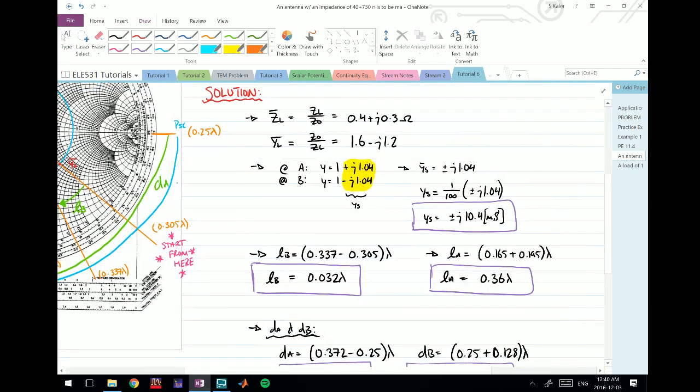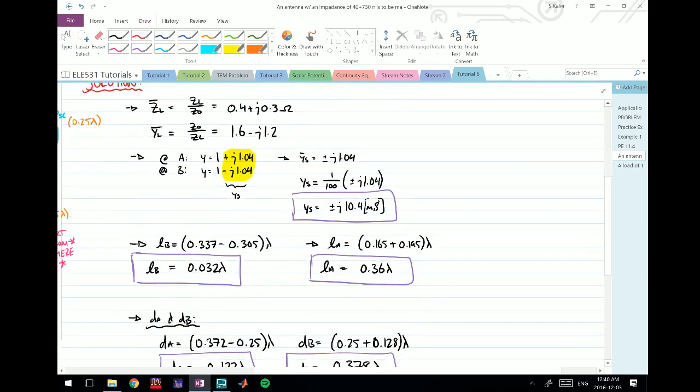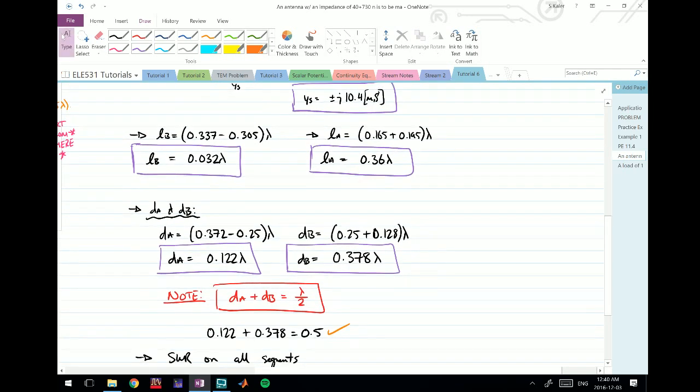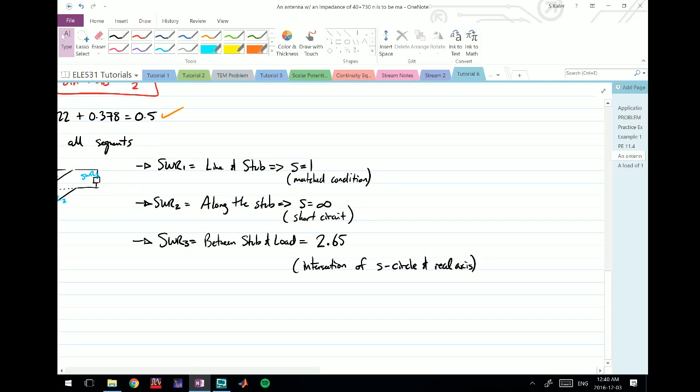So that's it. We've gone ahead and we found everything. We found the admittance is YS. We found these two distances, LB and LA. We found the two possible lengths. And I guess we can also, well, let's call this 1, call this 2, and we'll call this 3, and this is 2.65.